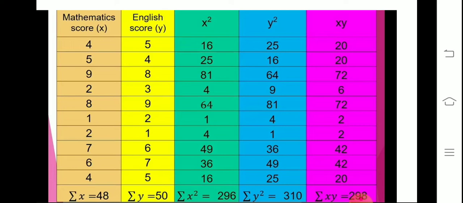For the last column, the product of x and y, we multiply the mathematics score and the English score. For the first row, we have 4 times 5, we get 20. The next row is 5 times 4, we have 20, and so on. And the summation of xy is 298.